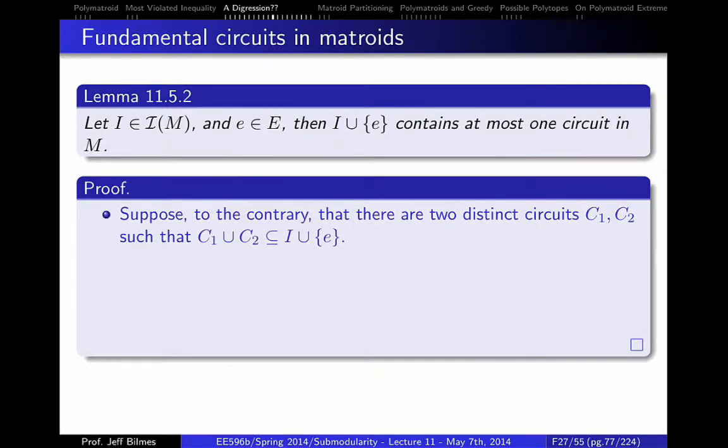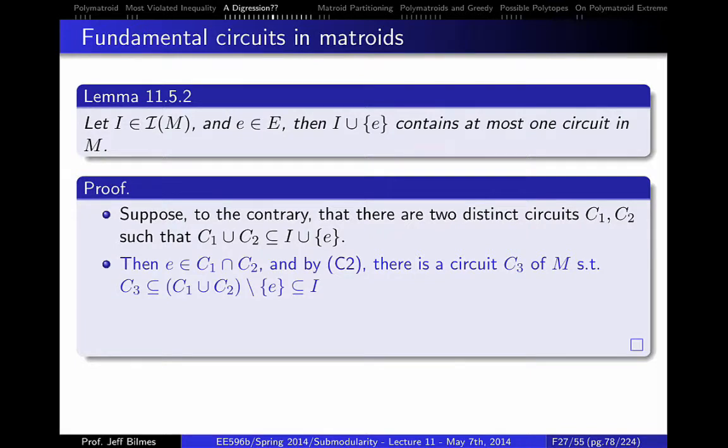So to prove this, suppose to the contrary that by adding such an edge, there are two circuits created. C1 and C2 are distinct, and they're both subsets of I plus E. Okay. So then, by using property C2 that we've just proven, we know that there exists an E in the intersection of C1 and C2.